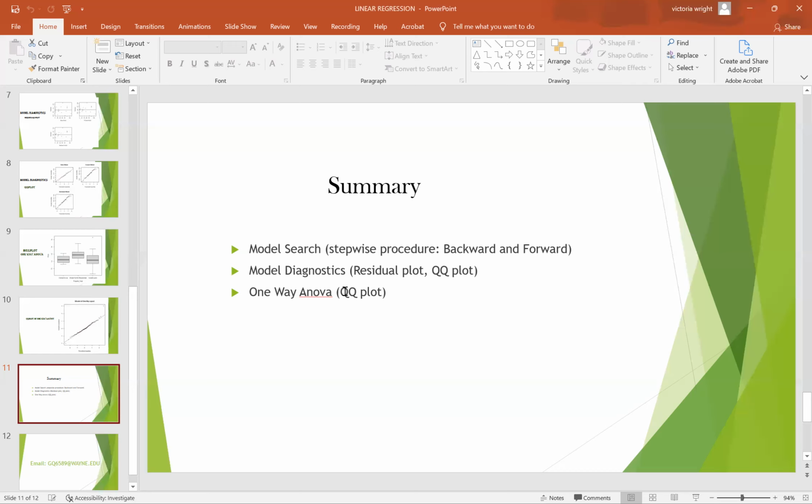And after that, I check the one-way ANOVA model by a QQ plot. Make sure they follow IID. They follow a normal distribution.